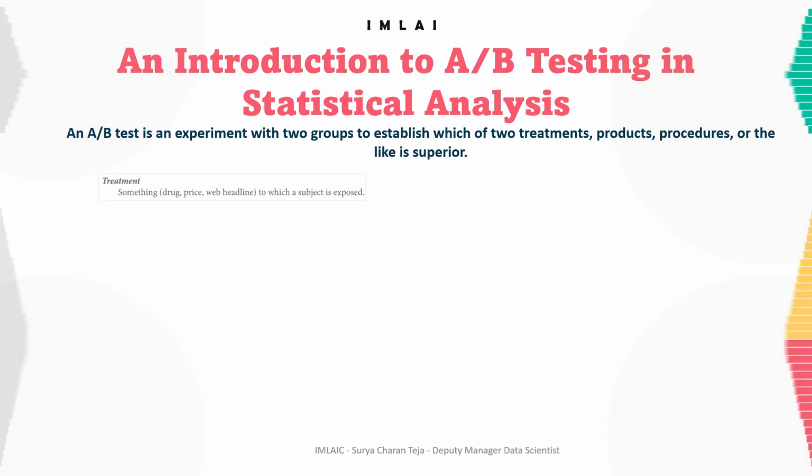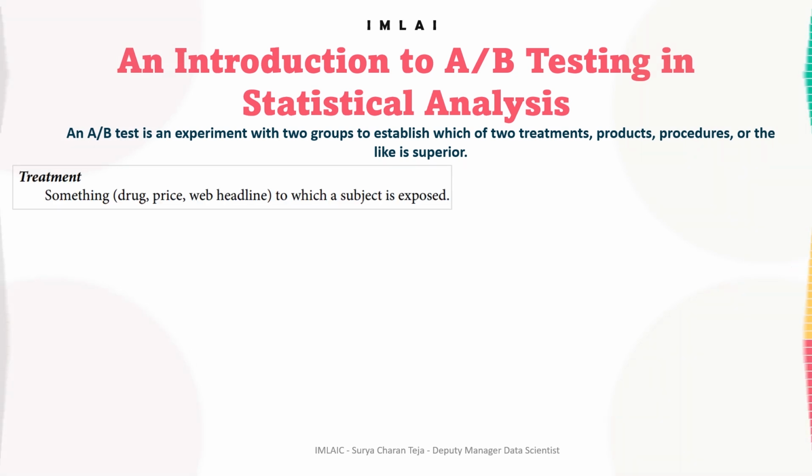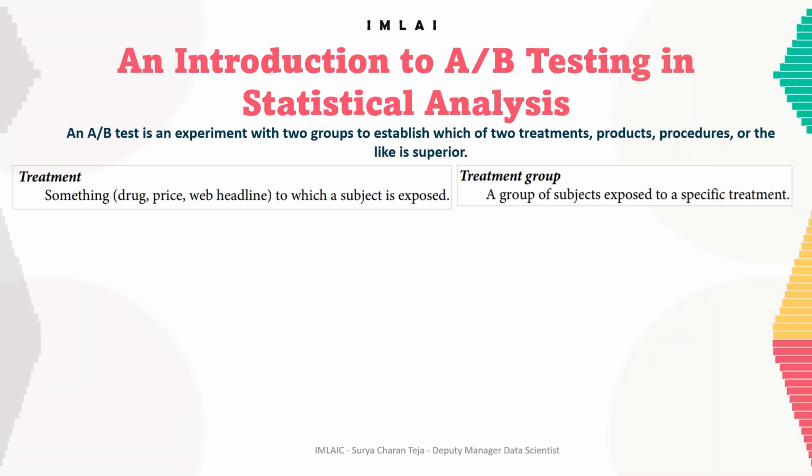Now in this context, what is a treatment? A treatment is something to which a subject is exposed. That something could be a drug, a price, or a web headline. These are known as treatments, and we have a treatment group.